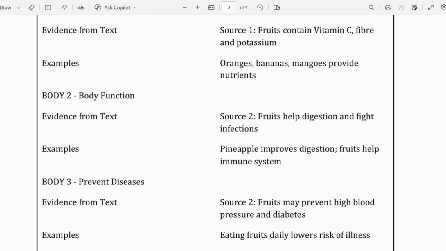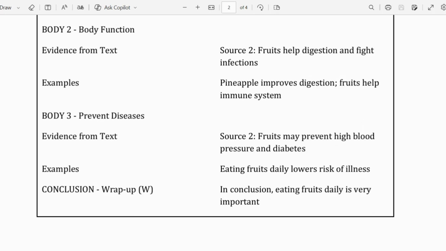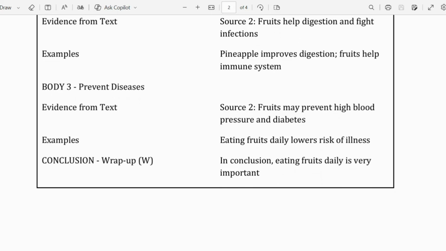The example is that pineapple improves digestion and fruits help the immune system. Now, for the third body paragraph, we're going to talk about the prevention of diseases. And the evidence from the source suggests that from source 2, it says fruits may prevent high blood pressure and diabetes. And the example is that eating fruits daily lowers the risk of illness.